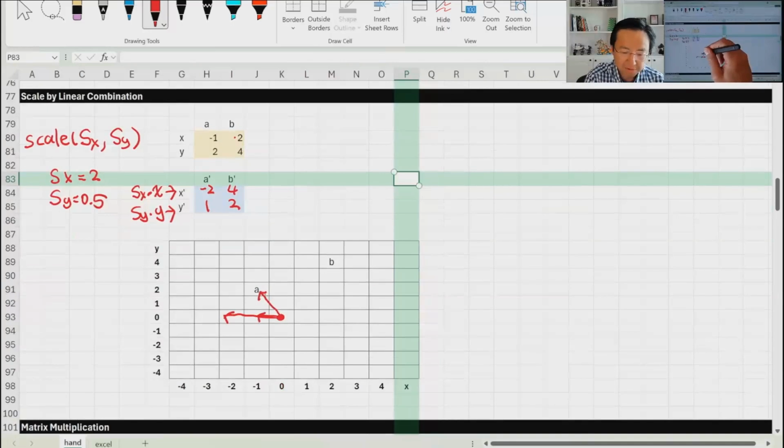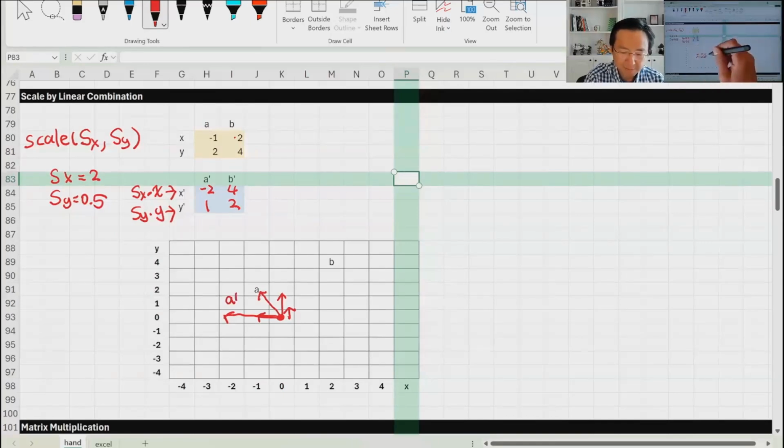And along y, it becomes smaller, so it becomes like this. If we redraw all this, we have a new location, which is here, A prime.